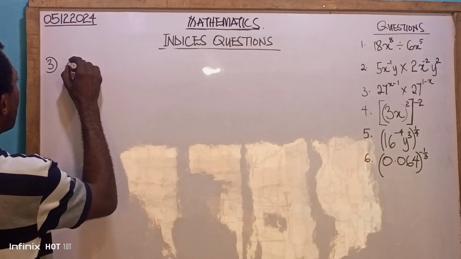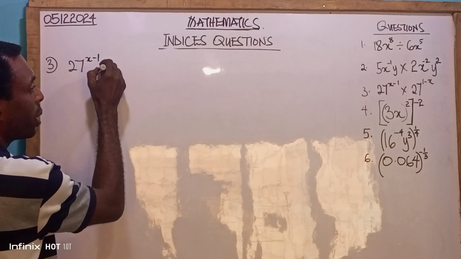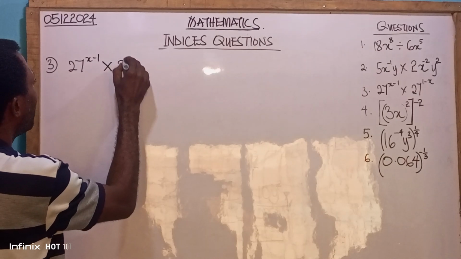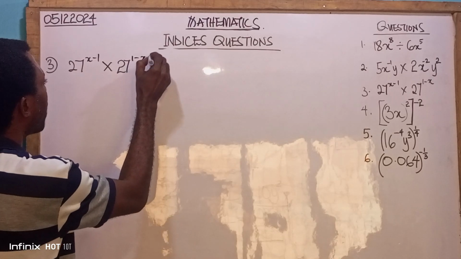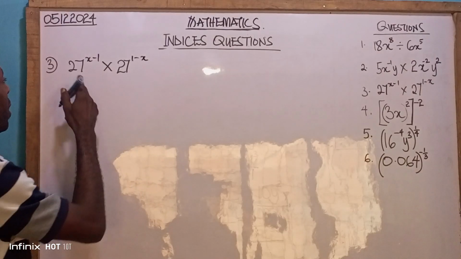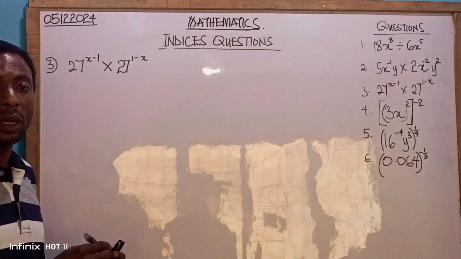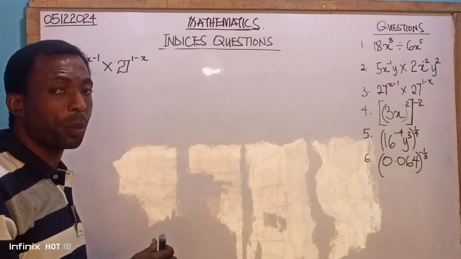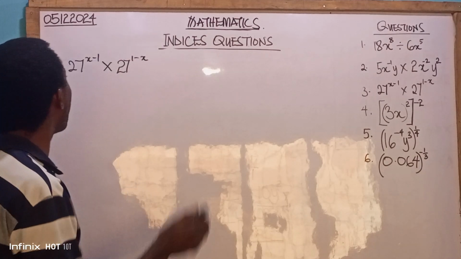Number 3 is talking about 27 raised to power x minus 1, multiplied by 27 raised to power 1 minus x. Since you have the same base being multiplied, the next thing is we add their powers together.